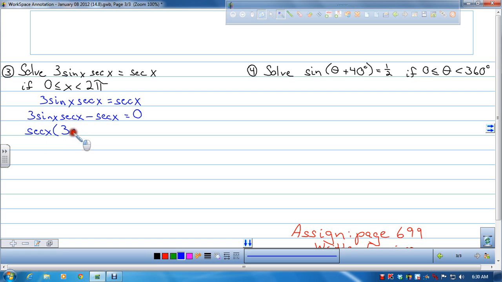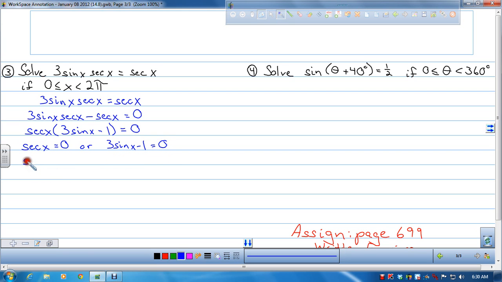So I'd be left with 3 sine x minus 1 equals 0. Since I have a multiplication problem equal to 0, I know that either this equals 0 or this equals 0. So I would set this up: secant x equals 0 or 3 sine x minus 1 equals 0.